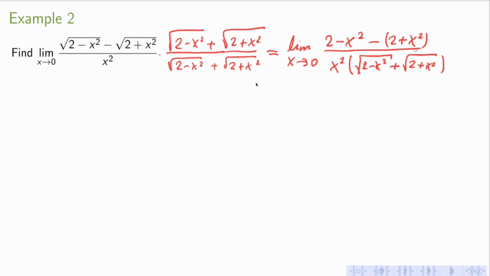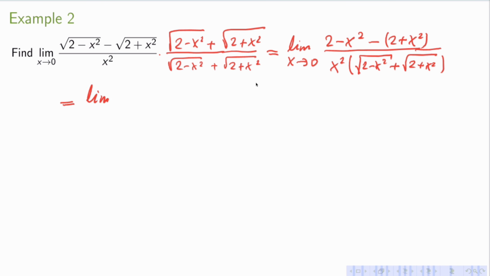So then we get the limit as x goes to 0 of the square of 2 minus x squared, which is 2 minus x squared, minus the square of the other term, which is 2 plus x squared. And in the denominator, we keep the x squared from the front, and then we have this additional factor, root of 2 minus x squared plus root of 2 plus x squared. So let's see what happens in the numerator.